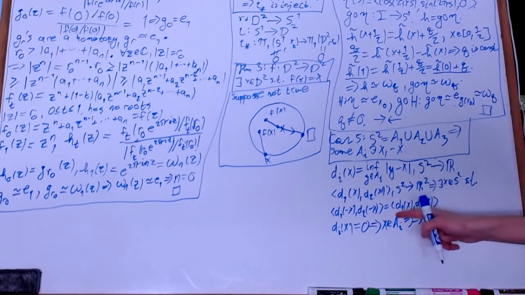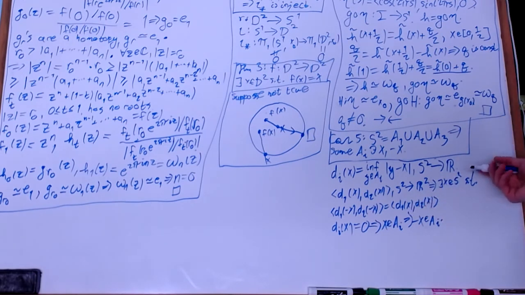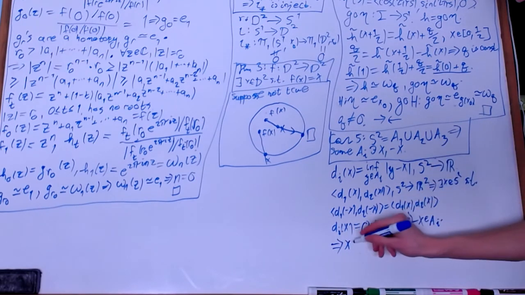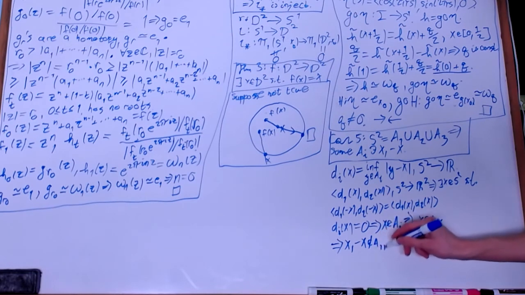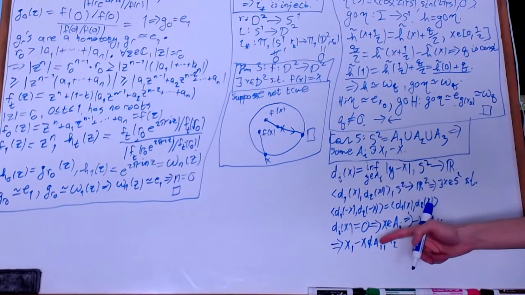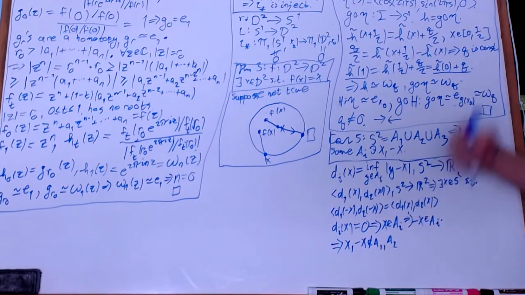But if d1 of x and d2 of x are both bigger than 0, what does that mean? Well, by the fact they are closed, that means x and negative x are not an element of A1 or A2 because they have the same distance and they're both bigger than 0. They are only an element of Ai if their distance from Ai is 0.